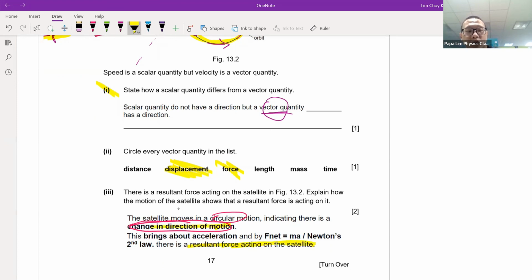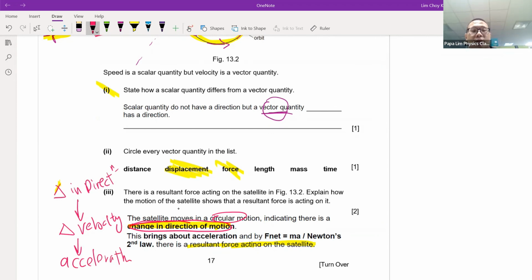When there's a change in direction, this will lead to what we call a changing velocity. When there's a changing velocity, we can infer that there is acceleration, and this tells us there is a force acting on the object itself.